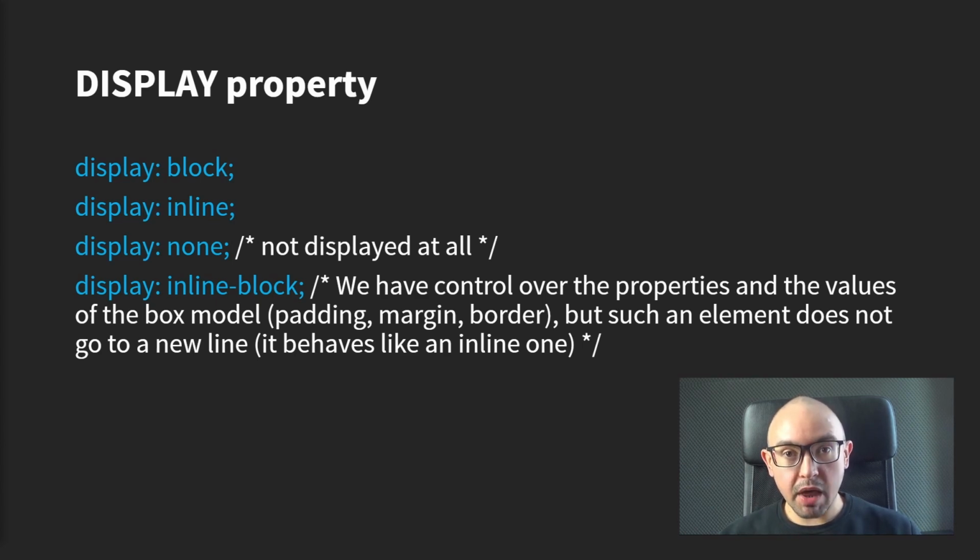Display inline block is, as the name suggests, a combination of two values, inline and block. Thanks to this value, the elements on our website are arranged in one line next to each other, as in the case of the inline value, but we have full control over their size and the properties of their box model, as in the case of the block value.